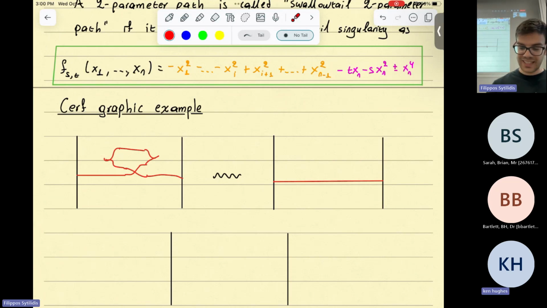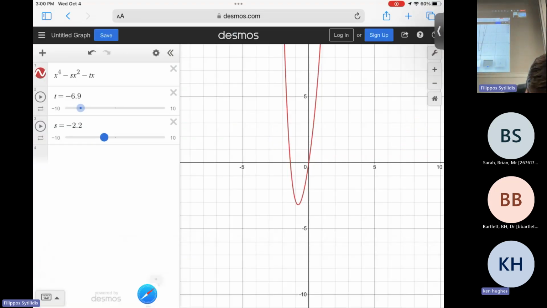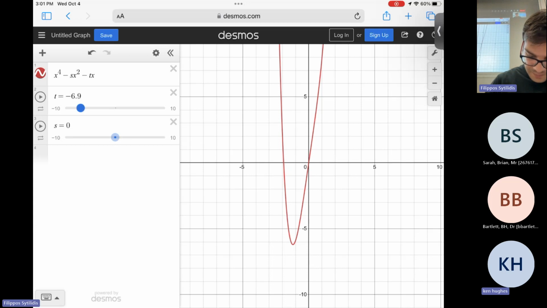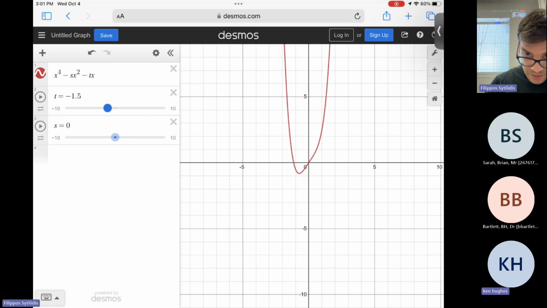And then, because this is a demo that gives you everything, if you put S equals 0, and you start with a negative T, now when T becomes 0, yeah, exactly.